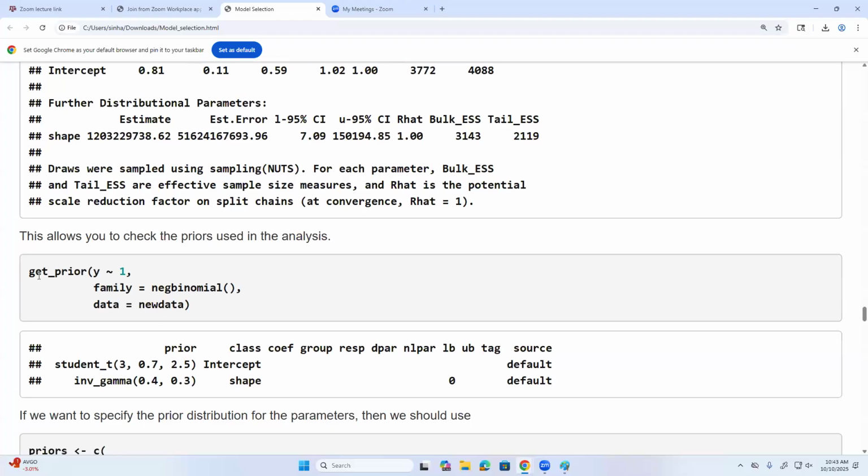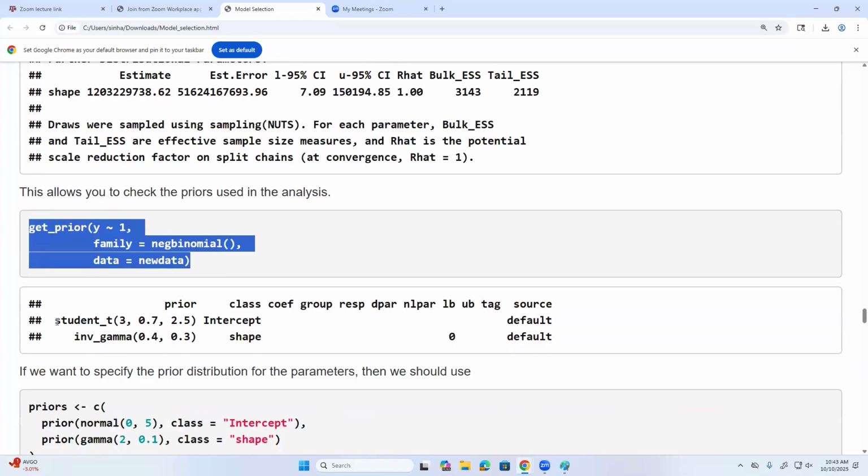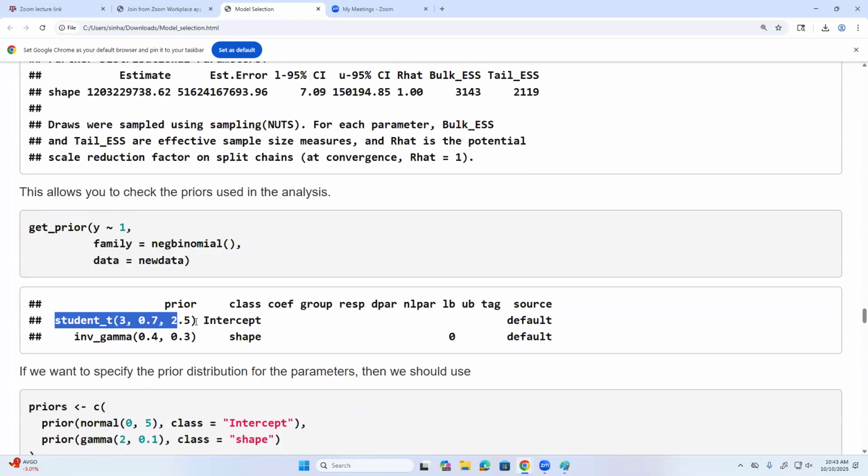So if you want to know what is the default prior, or the prior distribution used for your computation, you can simply say get_prior, and it tells you that the prior for the intercept was Student t with degrees of freedom 3.